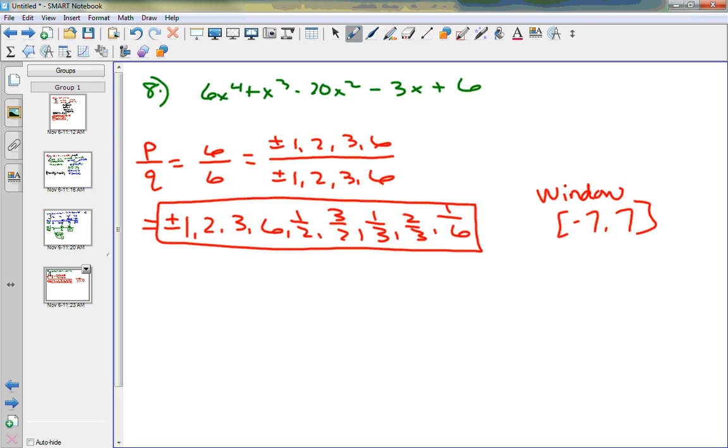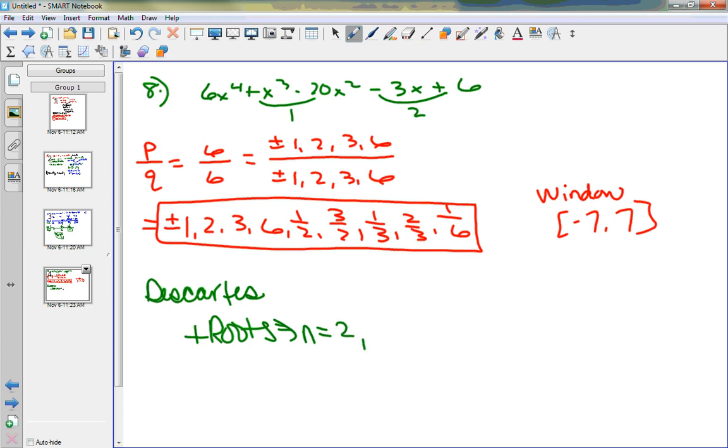Okay? The next thing I need to do is Descartes. So for my positive roots, I need to count my sign changes. Positive, positive, nothing. Positive, negative. Negative, negative, nothing. Negative, positive. There's 2 sign changes there. So what this means is n is 2, which means I can have 2 or 0 positive roots.